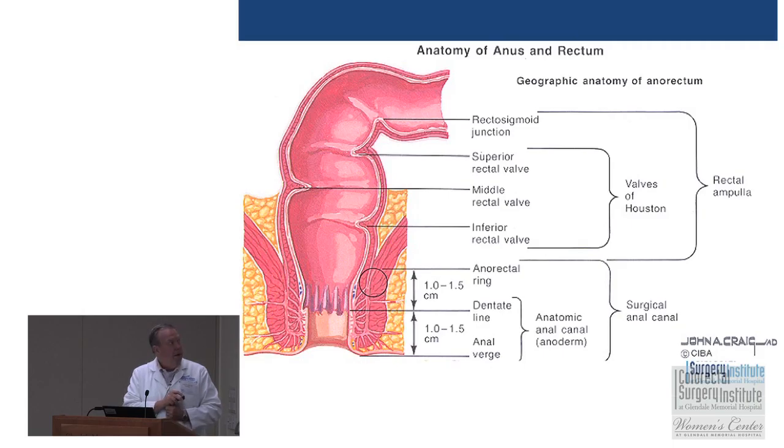They can have a pretty good reservoir. We can replace it. We can make a bigger reservoir by making a pouch. And we find that there is a relationship between the size of the reservoir and the outlet resistance, and that is actually a formula. We have a formula that can predict how patients will do based on the relationship between outlet resistance and reservoir function.